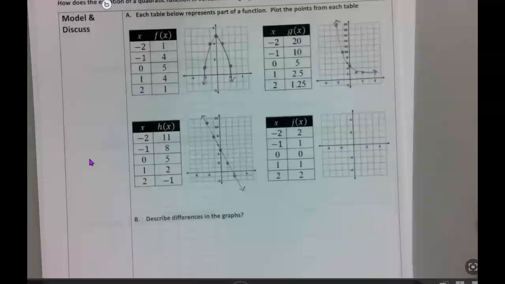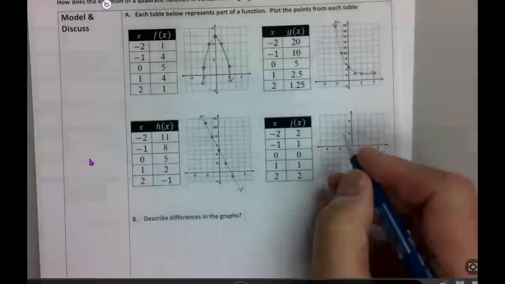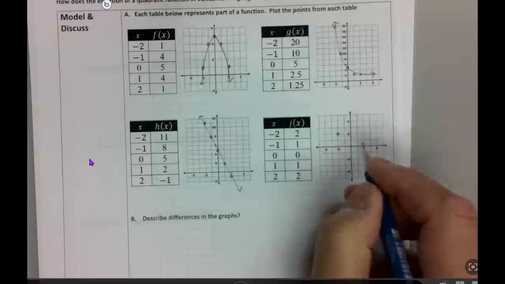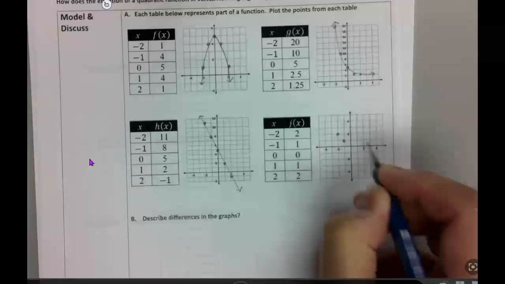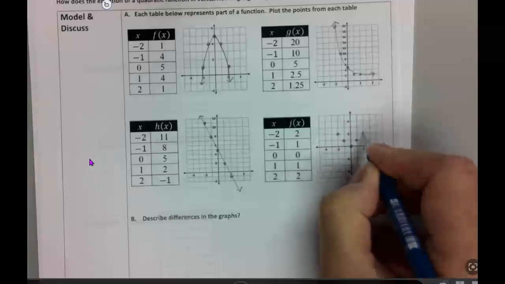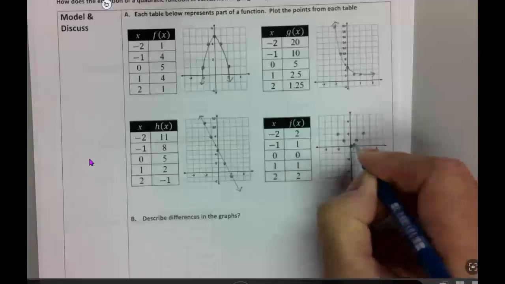Okay. Then the next one, -2, 2, -1, 1, 0, 0, 1, 1, 2, 2. So it looks like this.